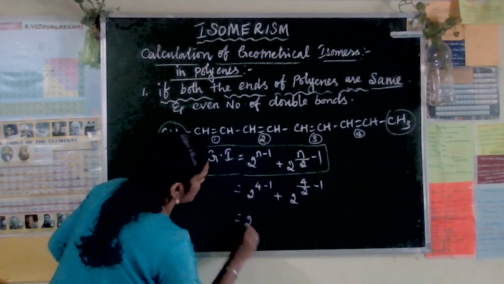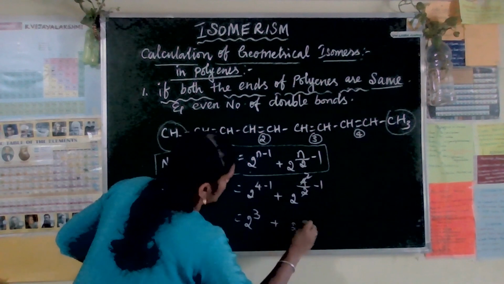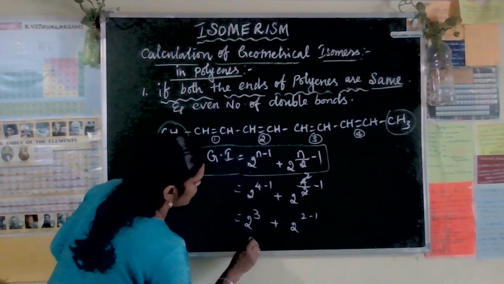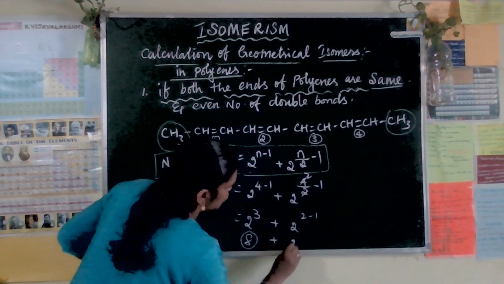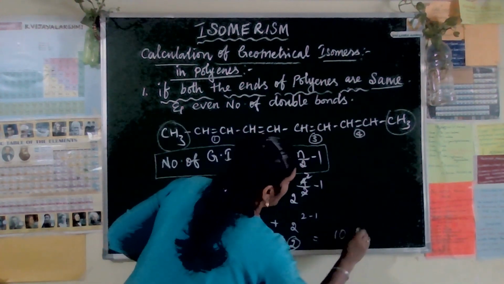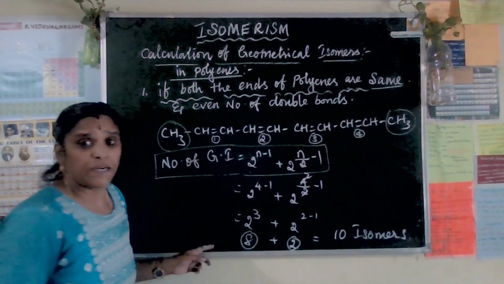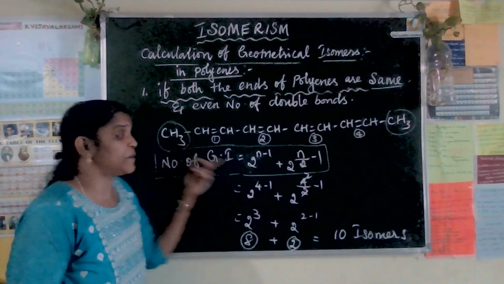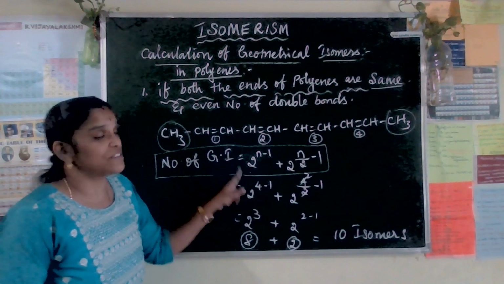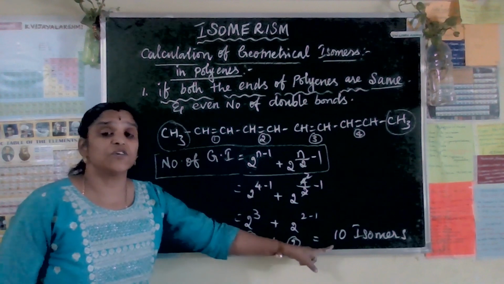You will get 2 to the power of 3 plus 2 to the power of 2 minus 1, that means 2 to the power of 1. So 8 plus 2, altogether 10 geometrical isomers are possible. Hope you're clear with this idea. See what formula we are using and for what purpose. Hope you got a clear idea on how many isomers are possible.